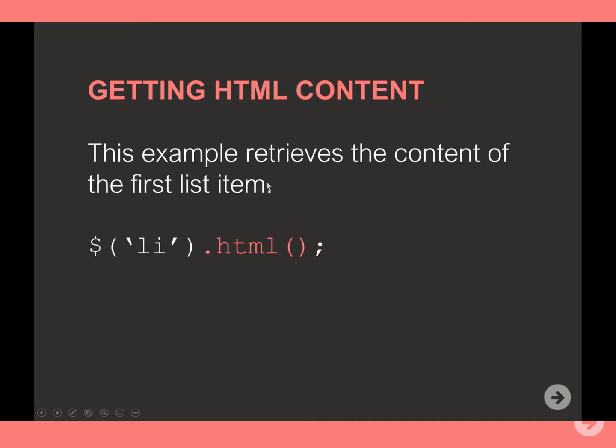For example, like this one. We first select the list item and put it into a variable called the jQuery variable. Of course, it isn't shown explicitly, but we have found a list item here, because only one is enough.